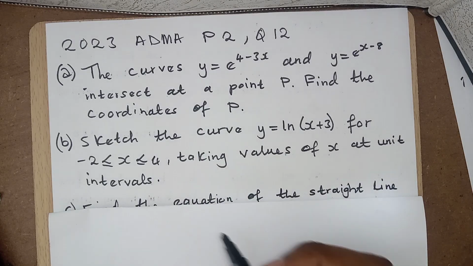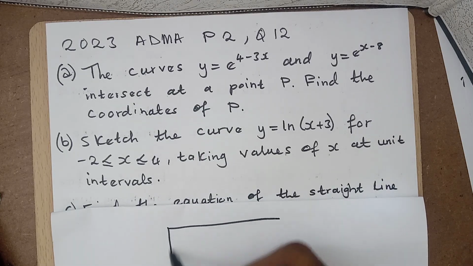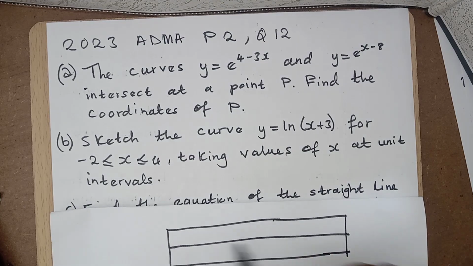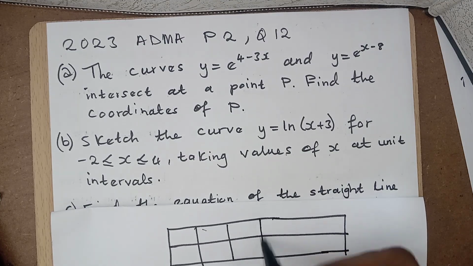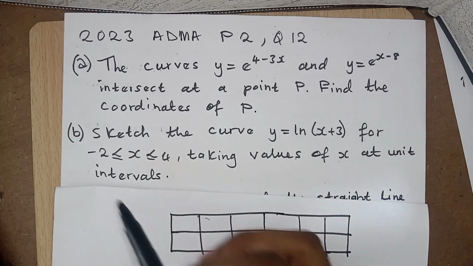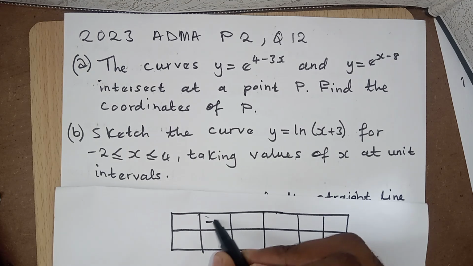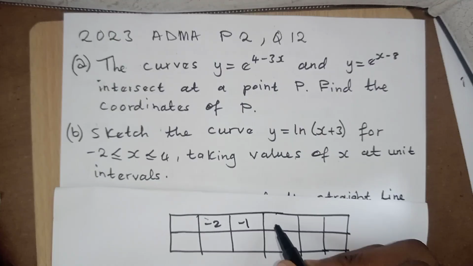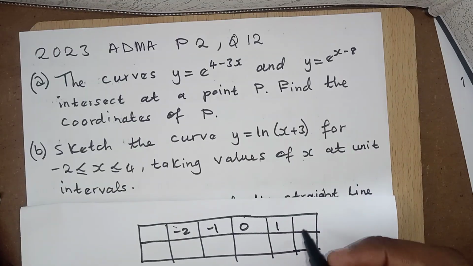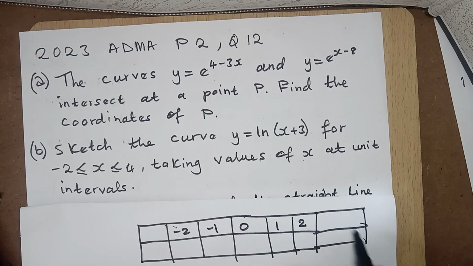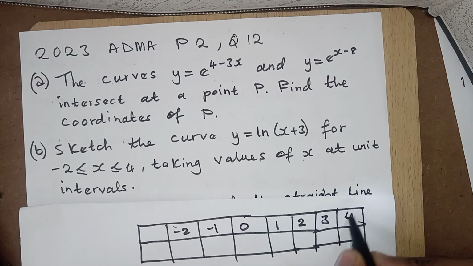Before you do anything, you can make a simple table like this, which will give you ideas of your domain and your range. Of course, the domain has been given, but we are not very sure what our range is. So we can use this to find our range. You may not need all the points, but I'll use them anyway.